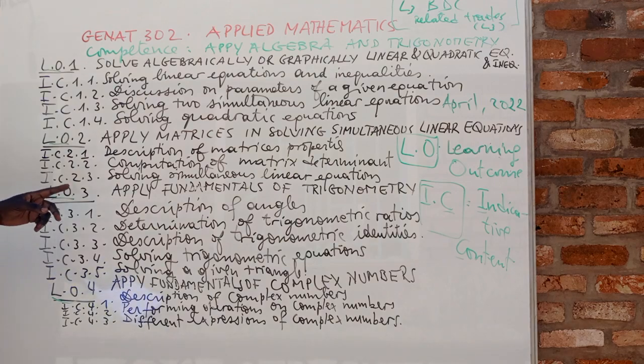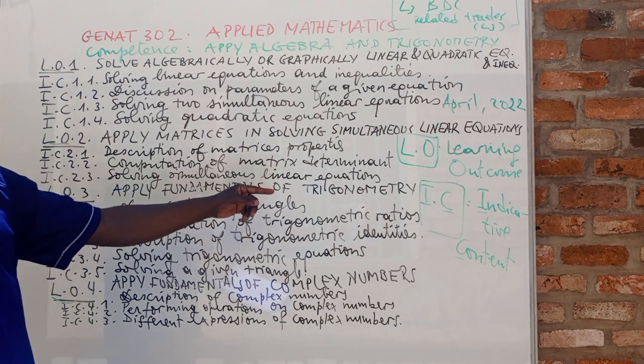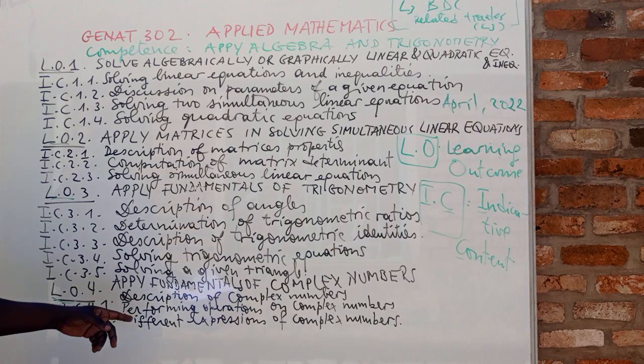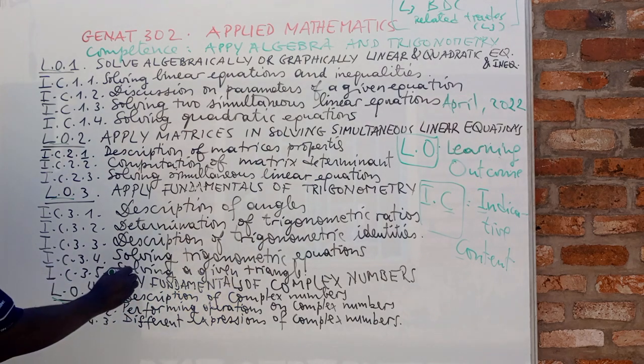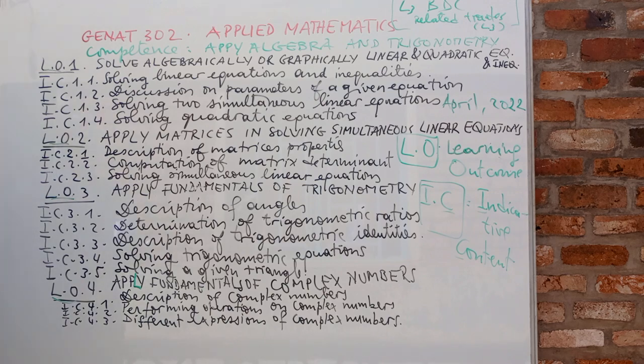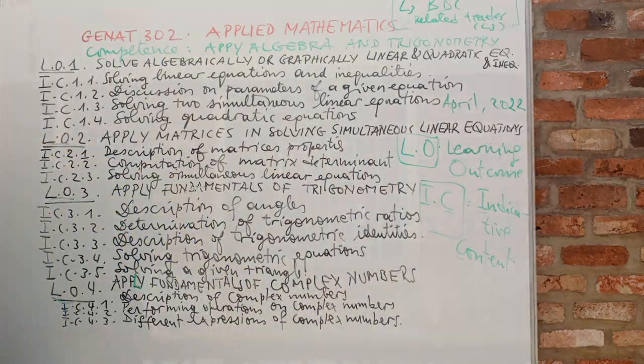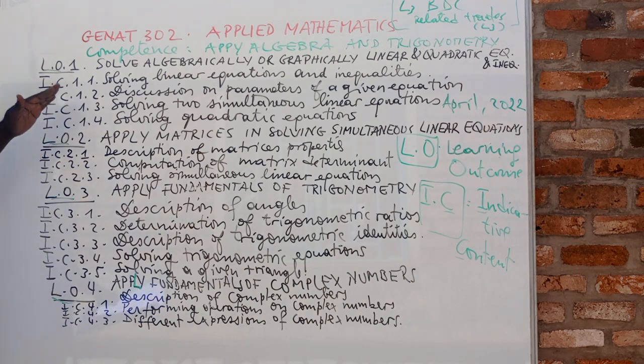The third one, apply fundamentals of trigonometry. The last, number 4, but not the least, is apply fundamentals of complex numbers. These are the 4 learning outcomes.